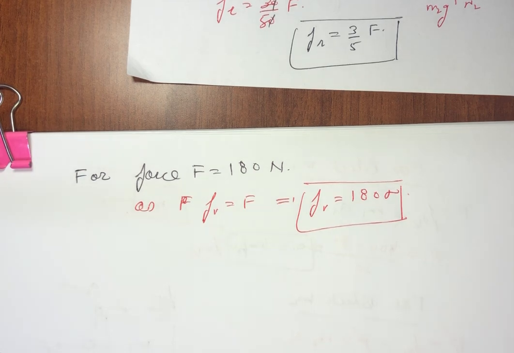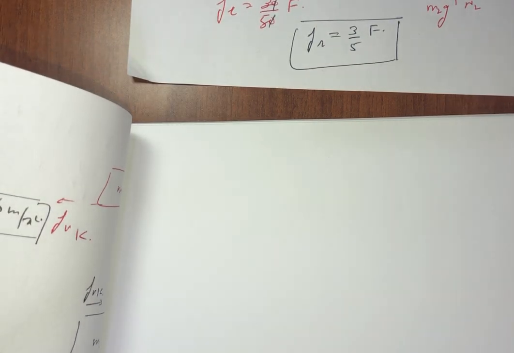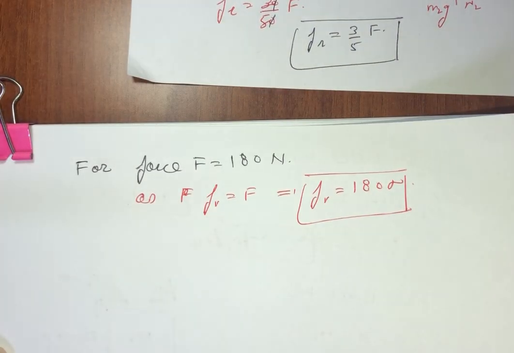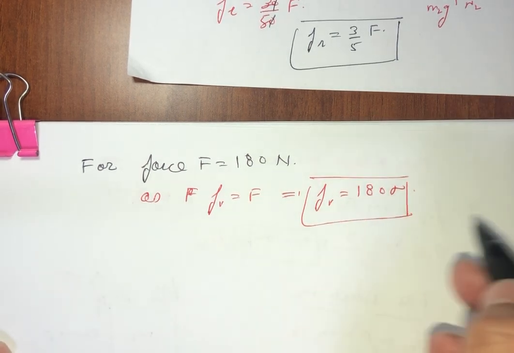And the maximum value of friction, Fr max, is 120.